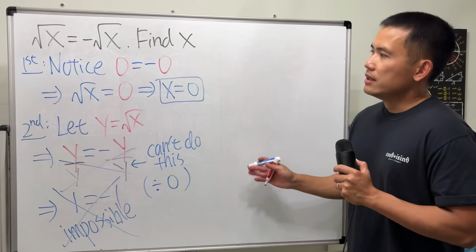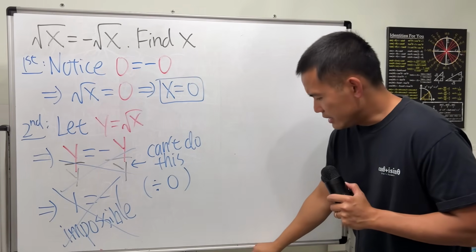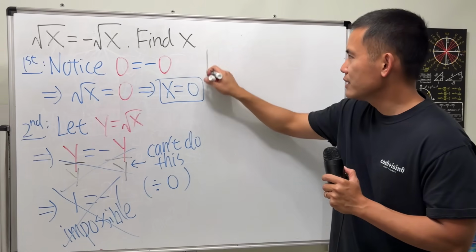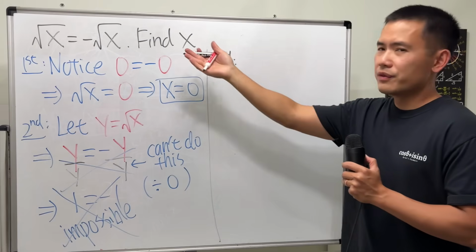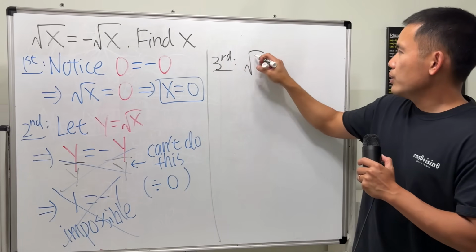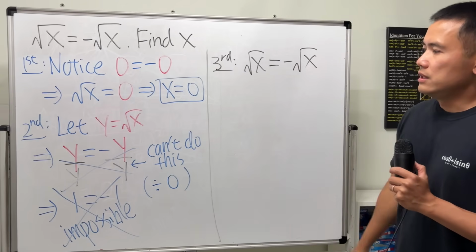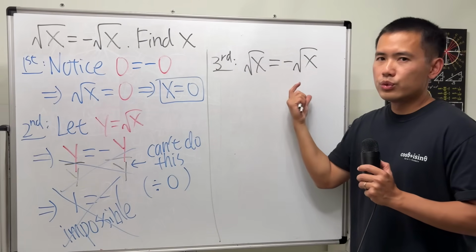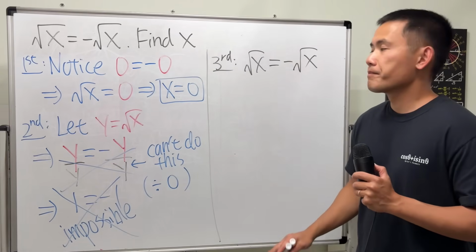Okay, these are the two methods. This right here will give you the answer, but is there a way to actually solve it? Here is how you can actually solve this equation. Square root of x is equal to negative square root of x. Firstly, do not divide both sides by square root of x, because that would be the same as dividing both sides by y.